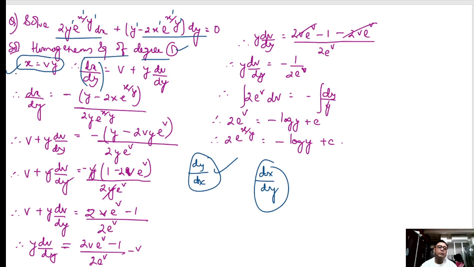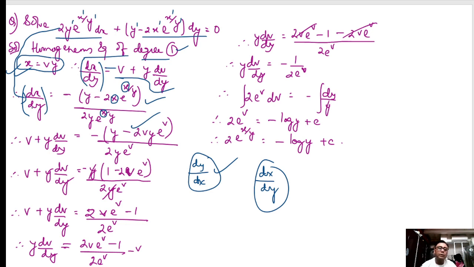Okay, so now let us do the differentiation of this. It becomes this. So this sum, if I separate dx by dy, it will look like this. So in place of x, put vy, and we get this.